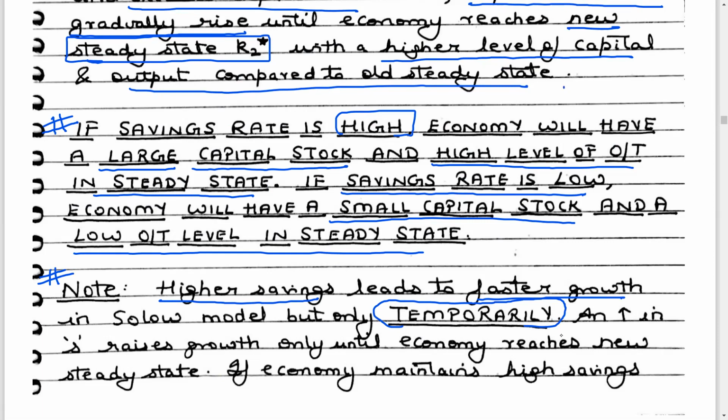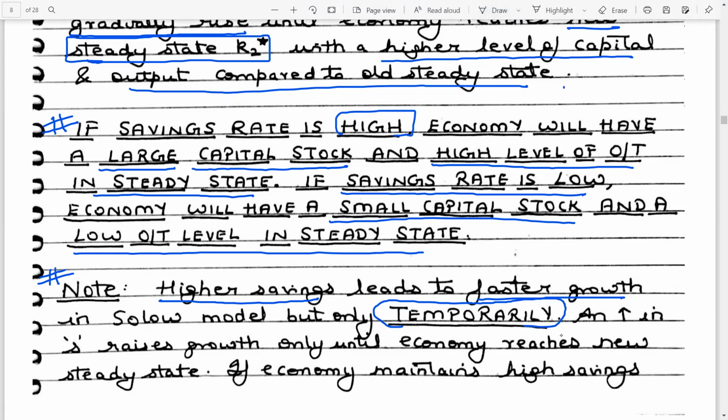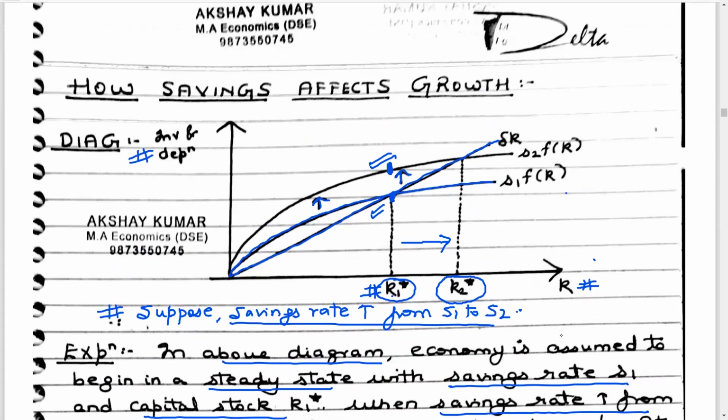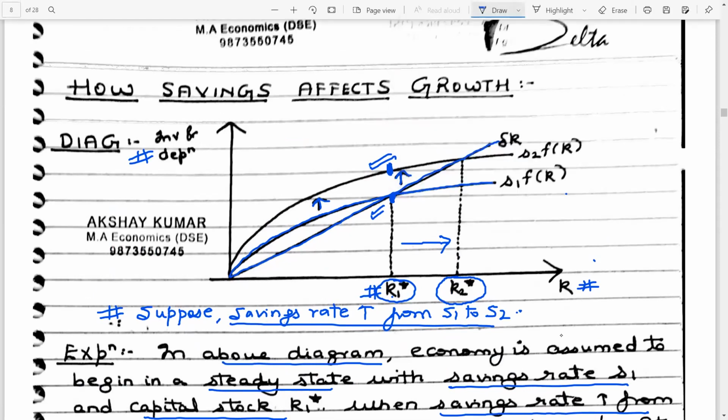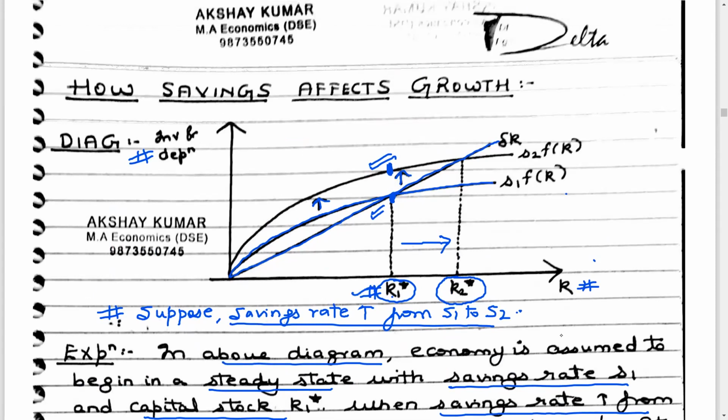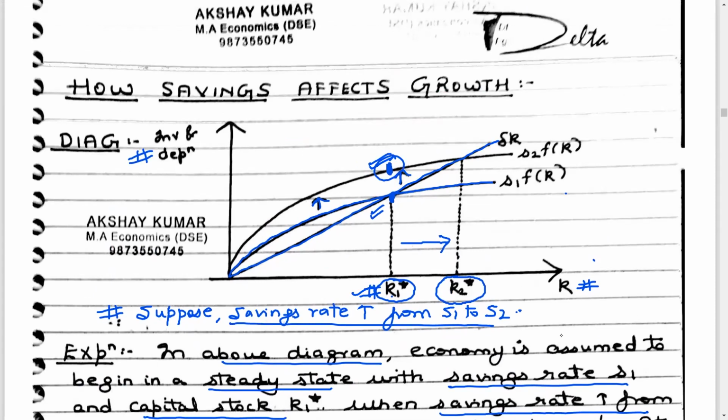That means if I come back to the diagram, you can see the diagram on your screen. When the savings rate goes up, then at K1 star investment exceeds depreciation. So the economy will grow.